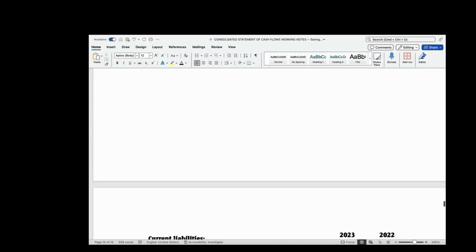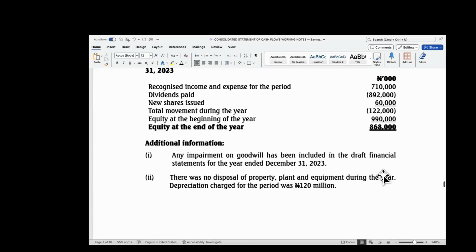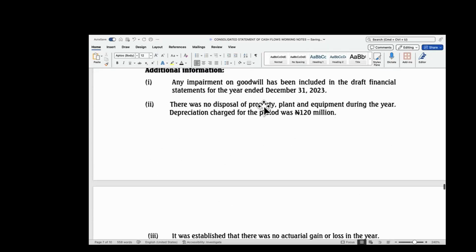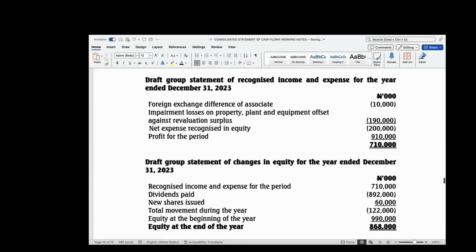Now, the examiner already told us that there was no disposal of PPE, but there was depreciation of 120 million. So I know that there's depreciation of 120. And that's the only thing, really.